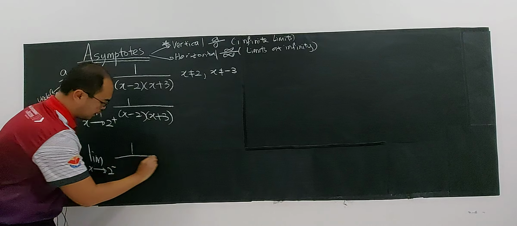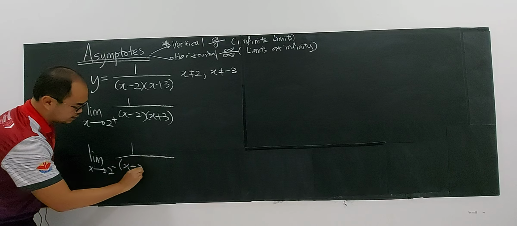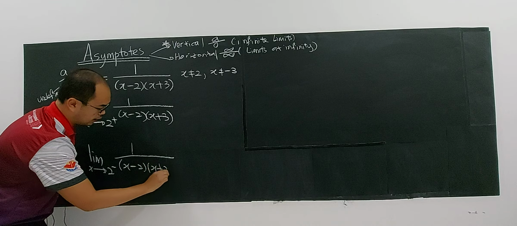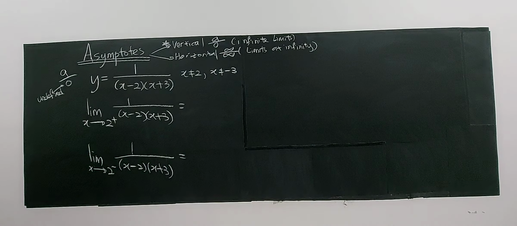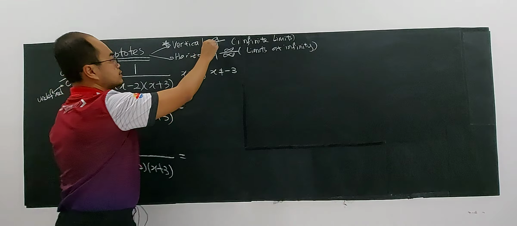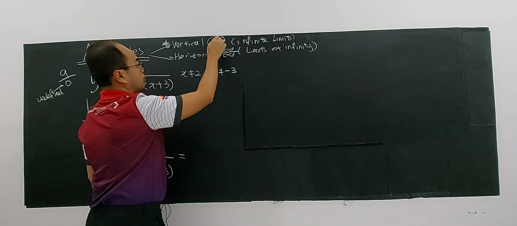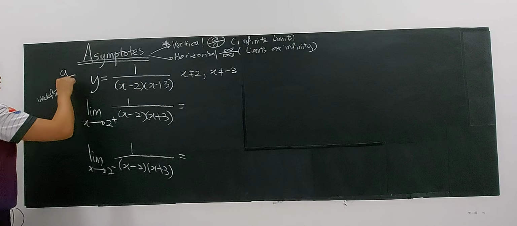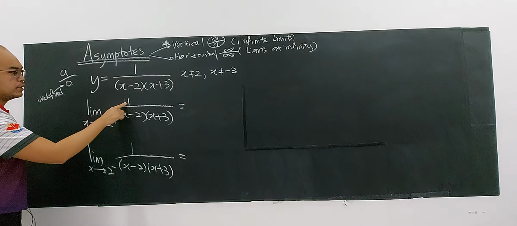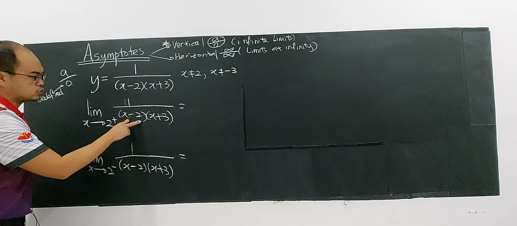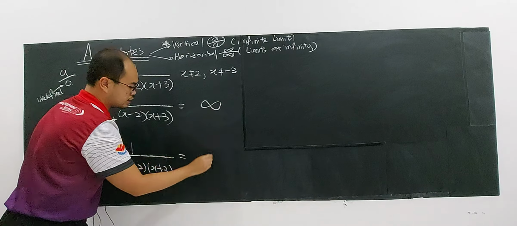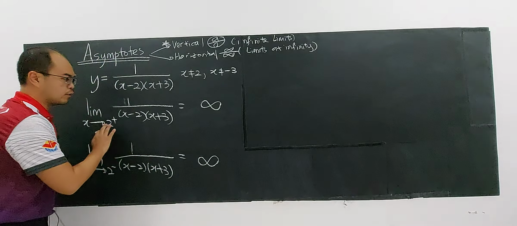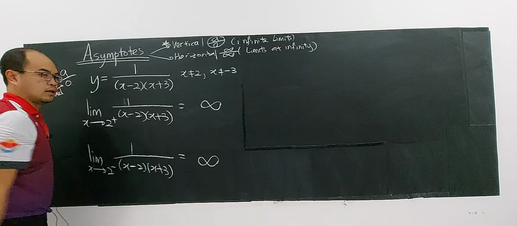So 1 over (x minus 2)(x plus 3), right? For this type of case, I have already told you the answer for the case a over 0, right? This is a number divided by 2 minus 2, which is 0. So for this type of case, the answer is always infinity. The limit is always infinity, which we call infinite limits.